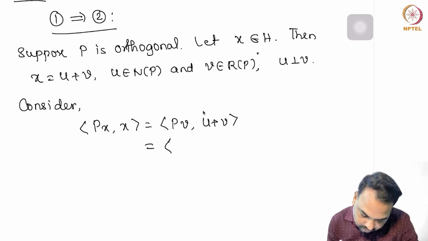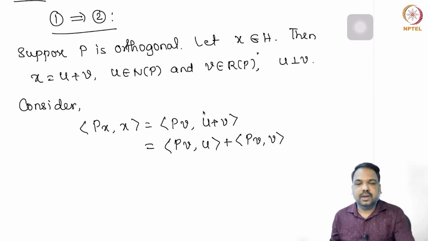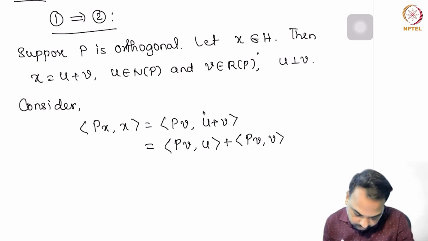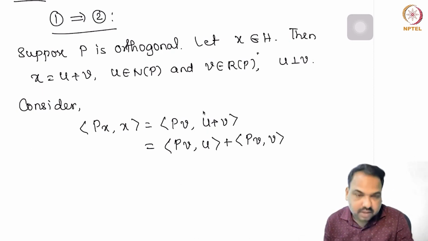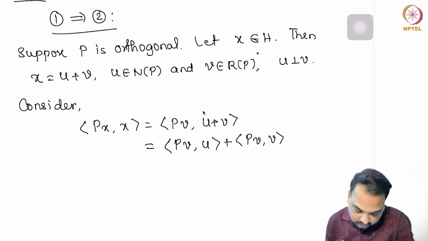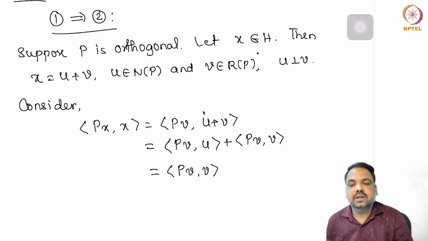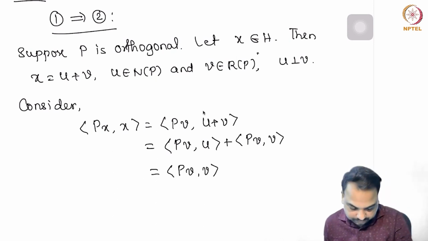Now Pv inner product with u plus inner product Pv with v. Now Pv is an element of the range of P and u is an element of the null space of P, so they are orthogonal. So the first term is 0, and we will get the inner product of Pv and v.